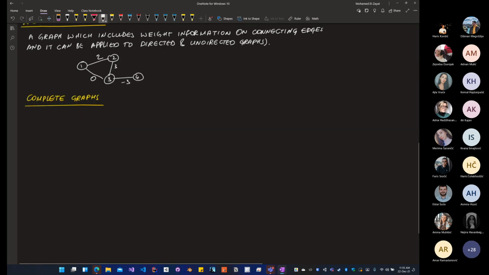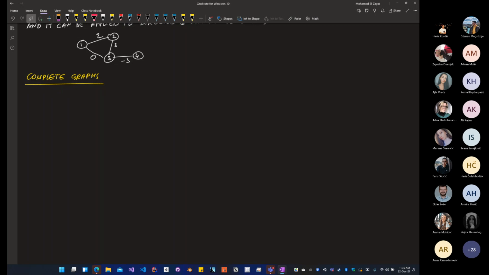And a complete graph is a graph where there is a unique edge connecting every pair of nodes.